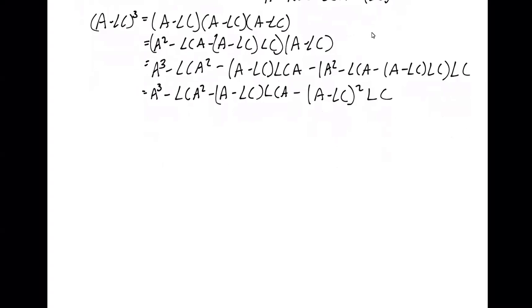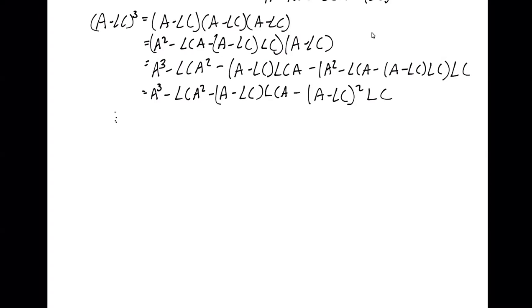All right, then we can keep doing this all the way out. And if we notice here, we have some similarities. So here we get some things keep popping up, right? We get A cubed, then we get A LC A squared, and then we get A minus LC times LCA, and then we get an A LC squared times LC.